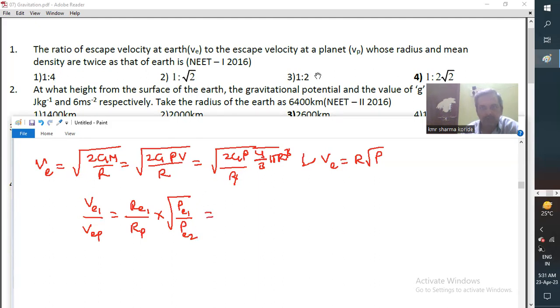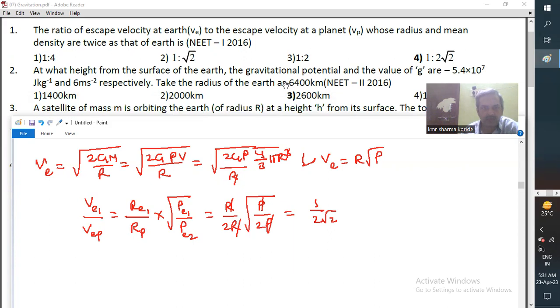They mention radius and mean densities are twice, so for the Earth you take R, for the planet you take 2R, and under root, rho for the Earth, 2 rho for the planet. R and rho get cancelled. So 1 by 2 root 2 is the answer. The last option is correct.